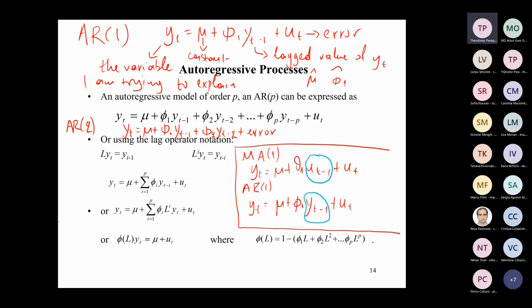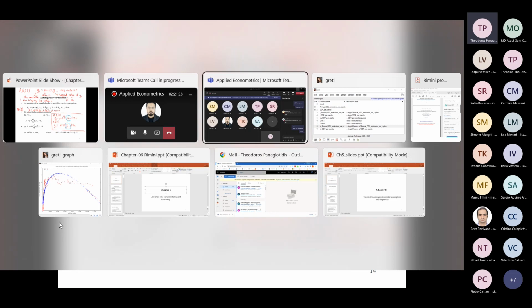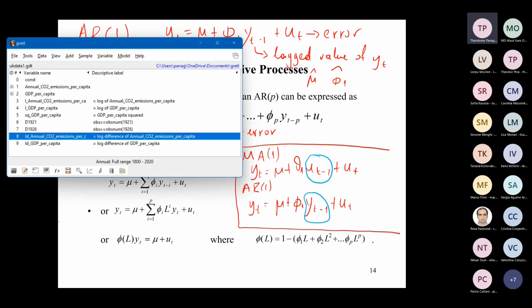What are we using to explain YT? A lagged value of a random variable. Autoregressive model, what are we using to explain YT? The lagged value of YT. Now, let me estimate an autoregressive model here.